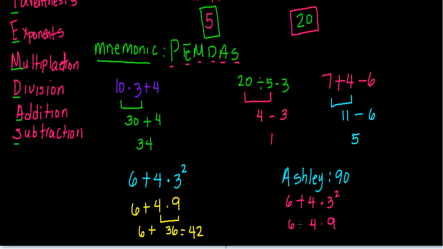And what do you think happened next? I think that she added first before multiplying here. I think that was her mistake. So 6 plus 4, she got 10 times 9, and that gives her 90, and that's how she got 90. So her mistake was adding before multiplying.